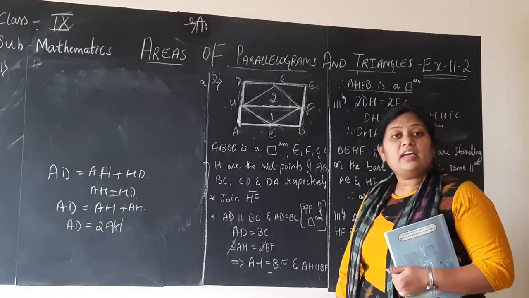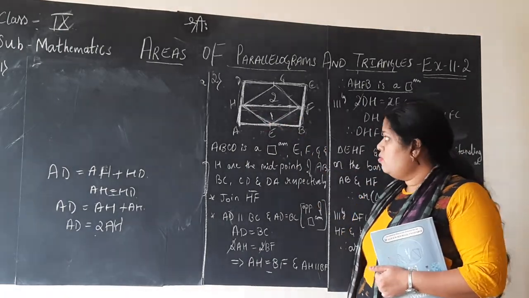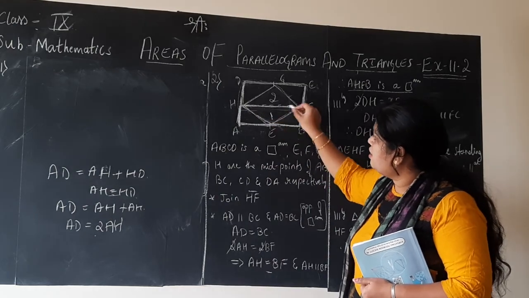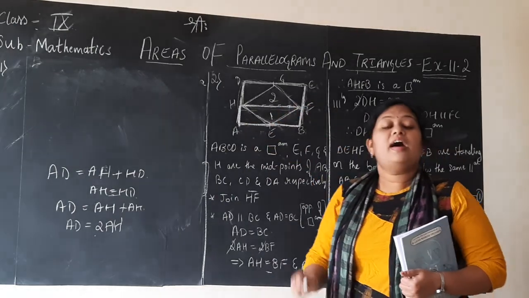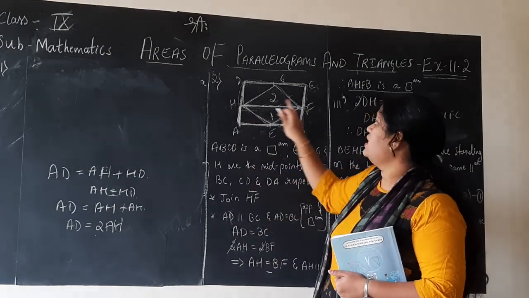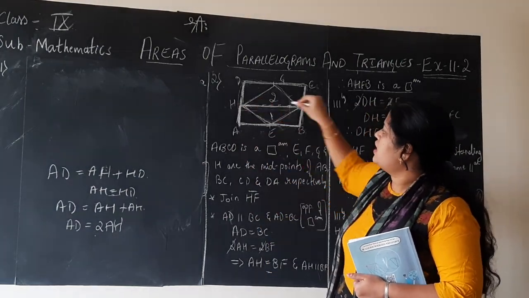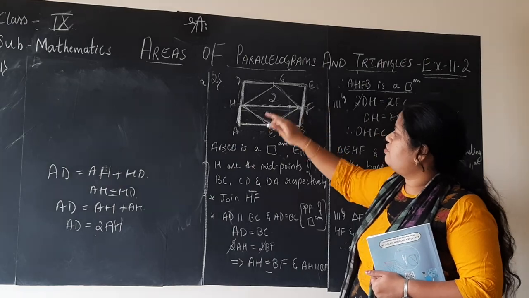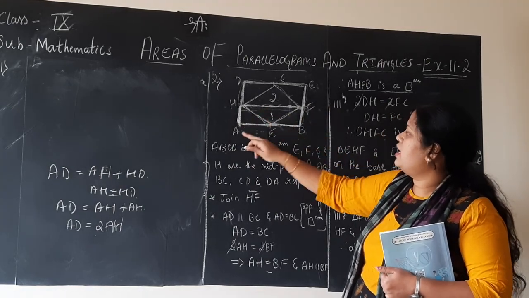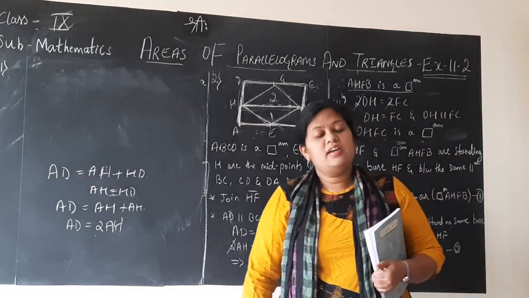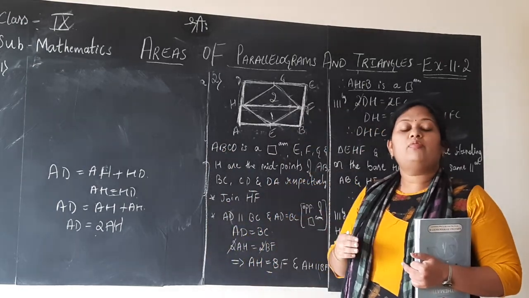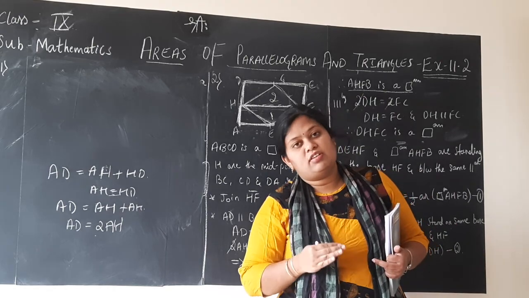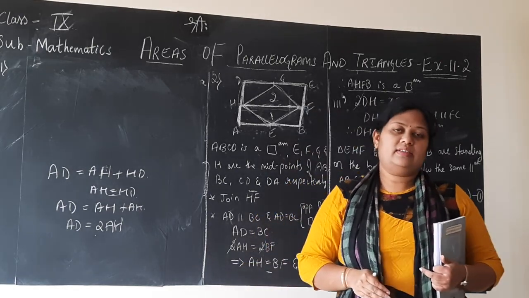is the triangle. Now this triangle EFH as well as parallelogram ABFH are standing on the same base HF, and they lie between the same parallels HF and AB, isn't it? Recall the previous exercise and what we solved. How to identify the figures which are standing on the same base and between the same parallels.